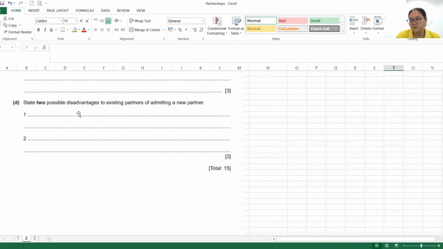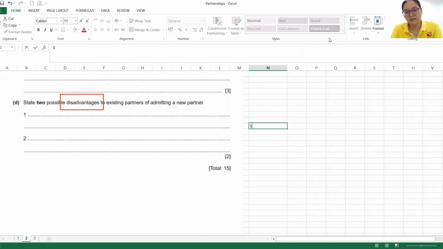State two possible disadvantages of admitting a new partner. We did a question before about the admission of a new partner, the benefit and the disadvantage. So the question is asking for the disadvantage. What is the disadvantage that we will get if we admit a new partner?